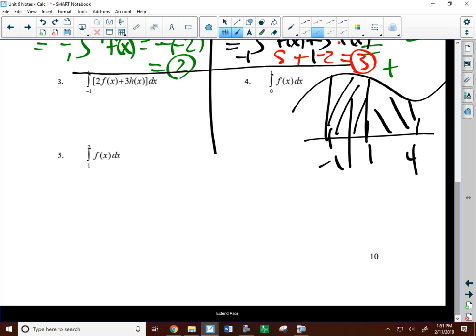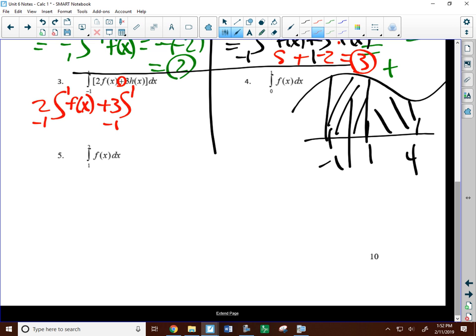Okay, so let's finish up these 3. This is a combination. You can see the number in front of the f of x. That's the constant multiple rule. So really I can pull the 2 out and do the integral from -1 to 1 of f of x. We're also using the sum rule, which says I can break it up separately.